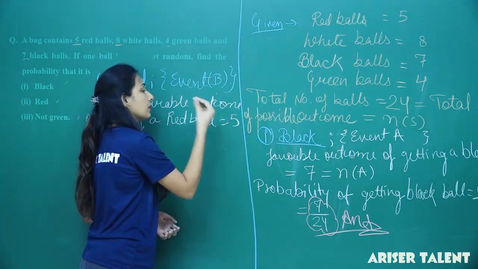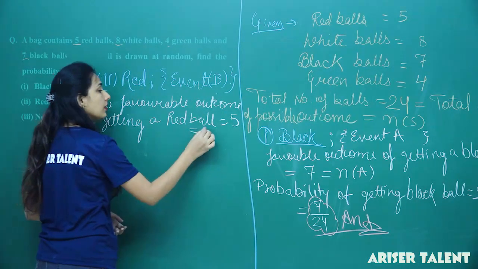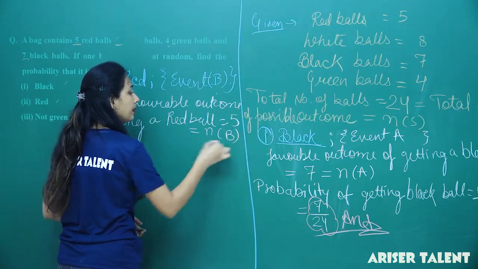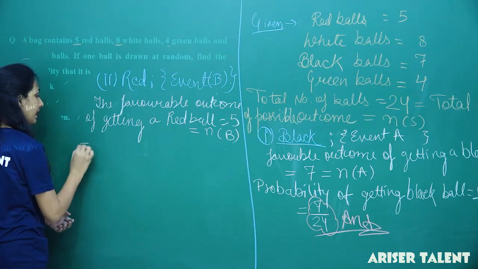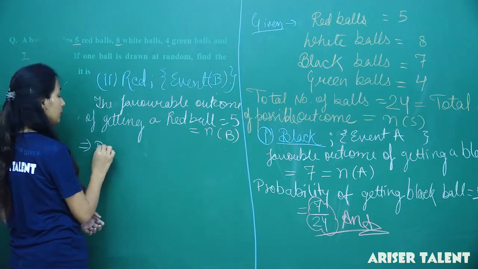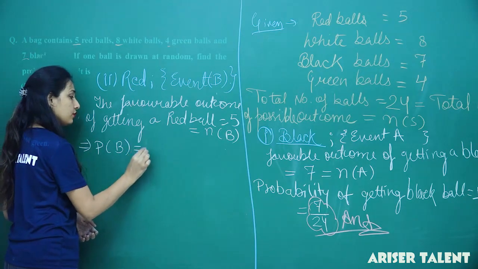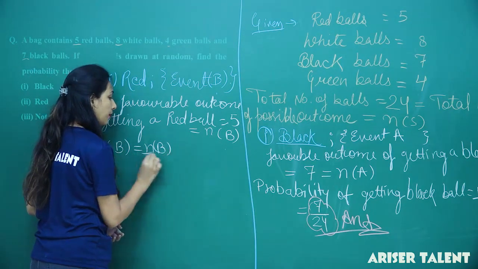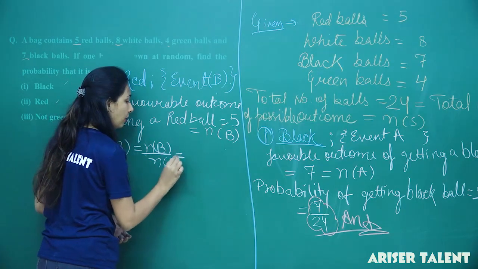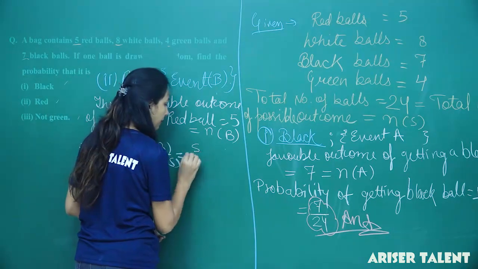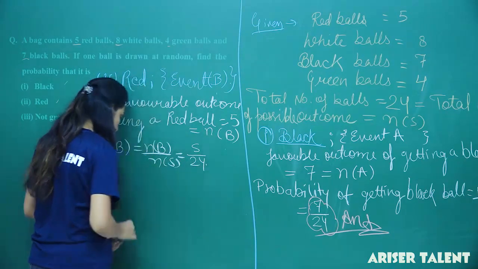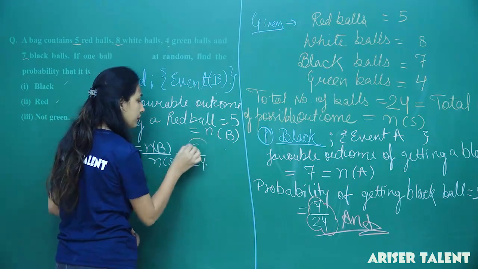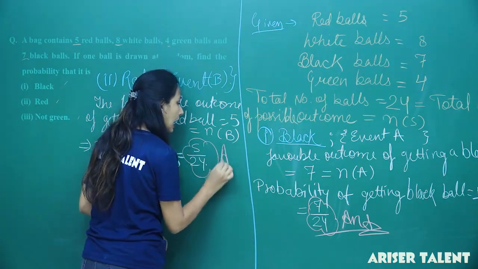See, 5, and that will be equals to NB. This implies that PB will be equals to NB upon NS, and that's simply equals to 5 by 24. And this 5 by 24 is, my dear student, your answer.